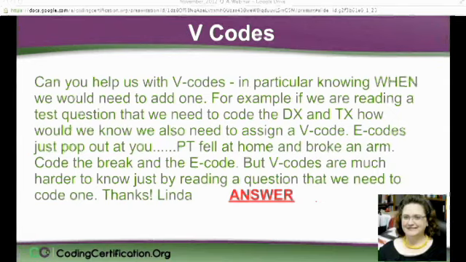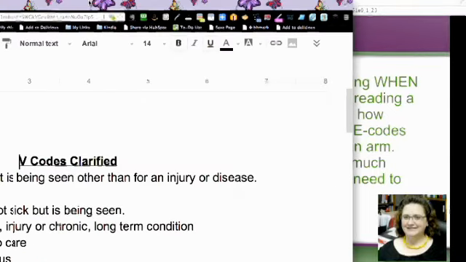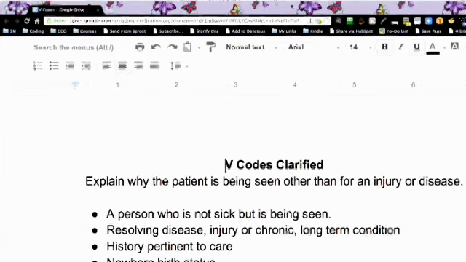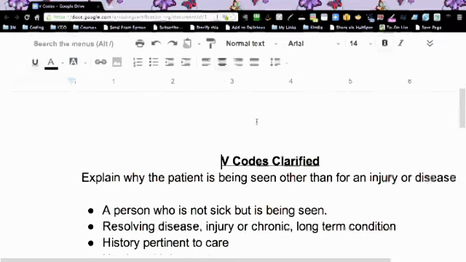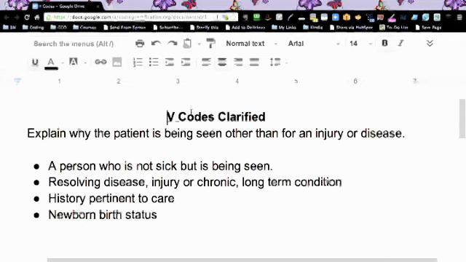You have to think about V codes as if you're thinking of a painting. This is what I used to tell my students: you're painting a picture for the insurance company to explain what's wrong with that patient. E codes are kind of like your highlights, and the V codes give definition and make it pop.